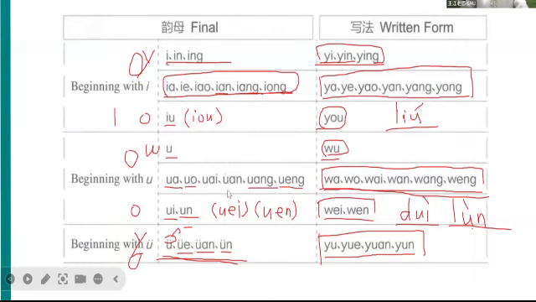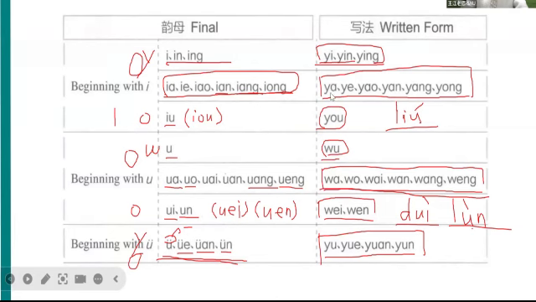That's the rules of Chinese syllables. Look at these finals beginning with i. If there is no initial in front of them, where does the written form come from? If there is only one vowel in these finals, we add the alphabet Y in front of them.